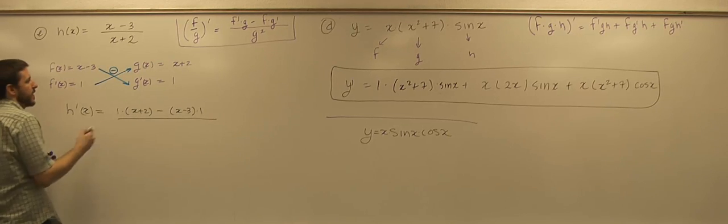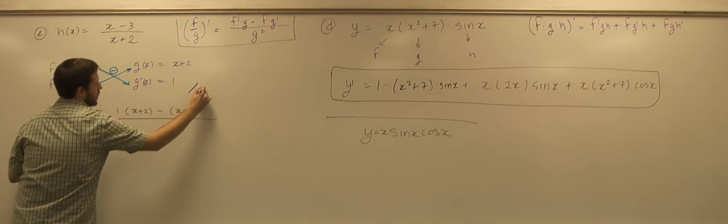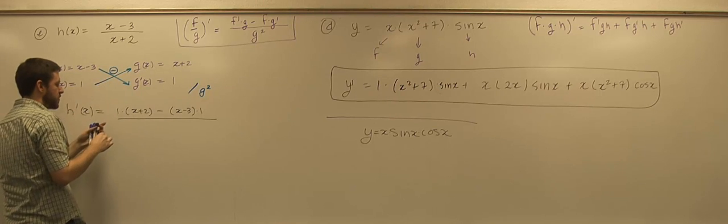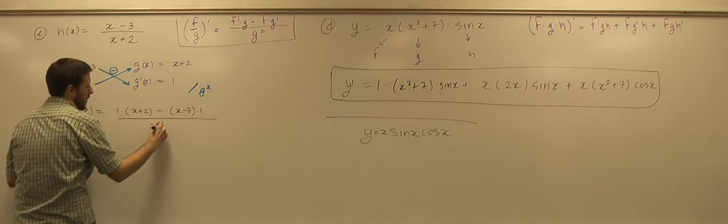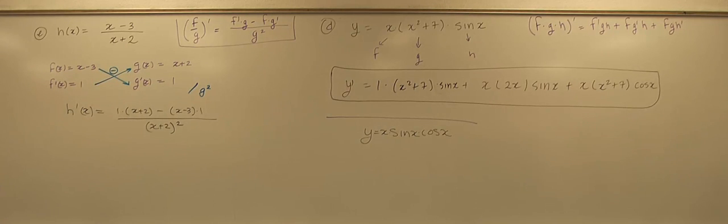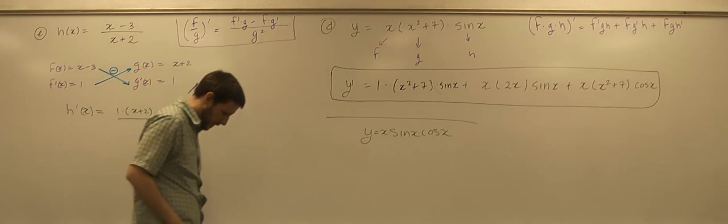So we always have to divide by the bottom squared. The bottom was x plus 2, g was x plus 2, so we do x plus 2 squared.